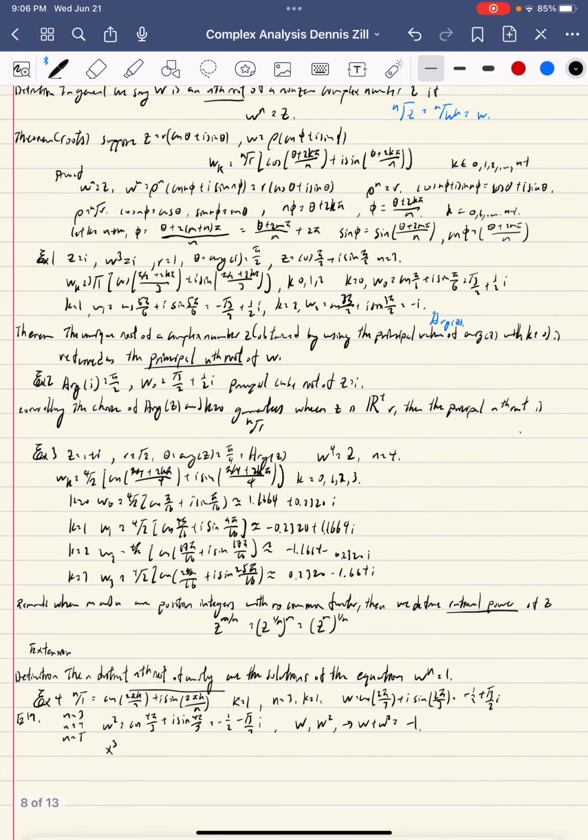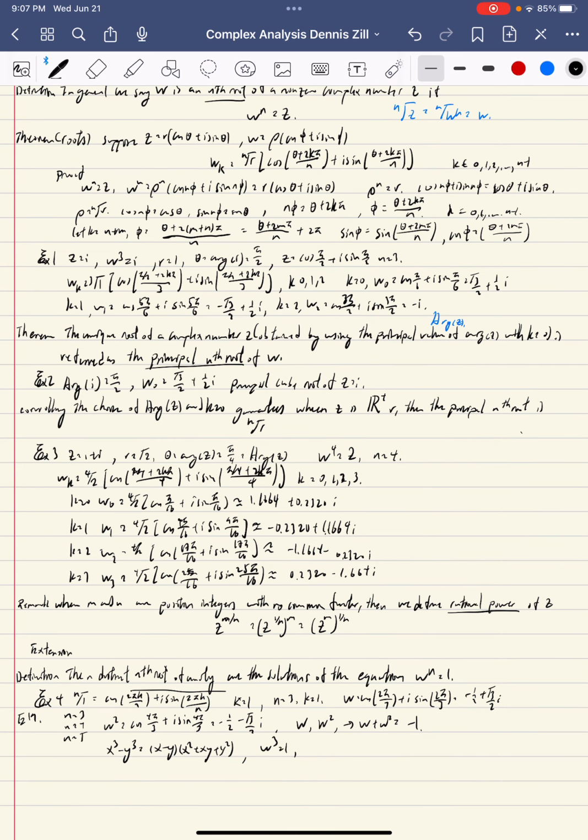We can do it like this. Minus w cubed, that is equal to, well, if we do the difference of squares, right, that's addition, plus plus, right? So the minus is in the front, right? Well then, if w cubed is equal to 1, right, then w cubed minus 1 is equal to 0, right? That is w minus 1 times w squared plus w plus 1, that is equal to 0, right?